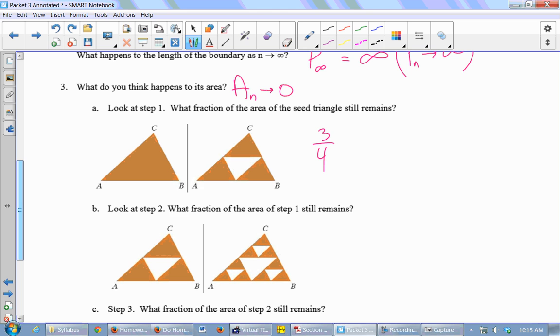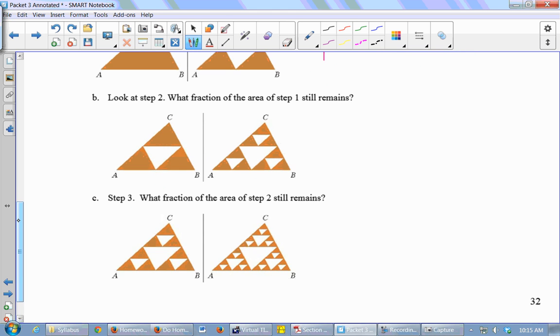And then when I go from step 1 to step 2, I had 1, 2, 3 whole triangles, and I broke each of those triangles into 4 pieces, and I threw away 3 of them. So I have a total of 12 little triangles in this picture, and I'm only keeping 9 of them.